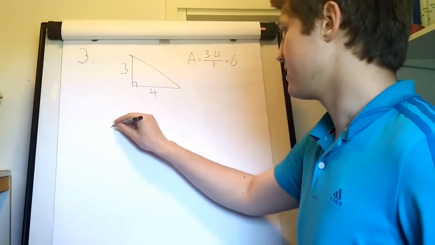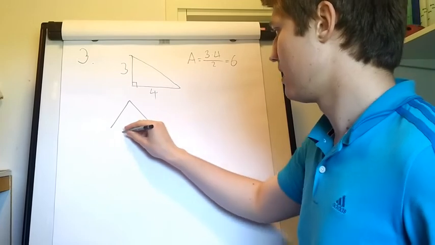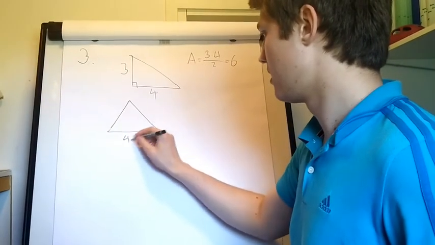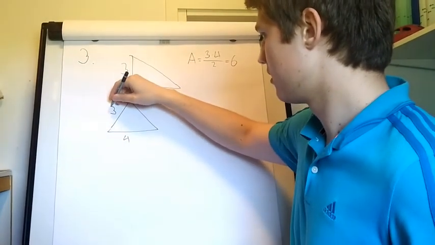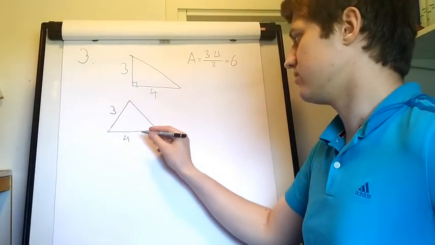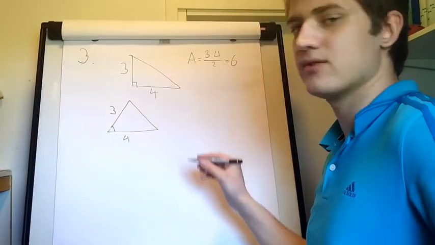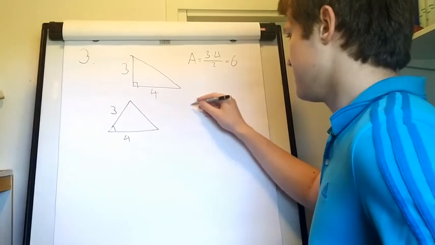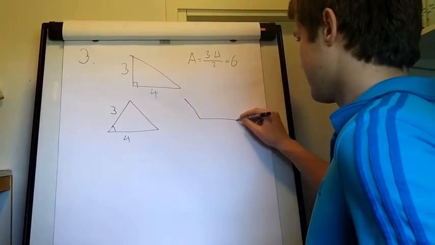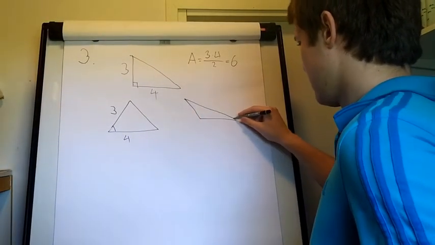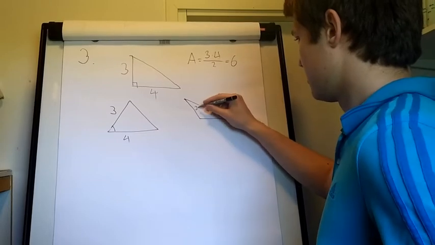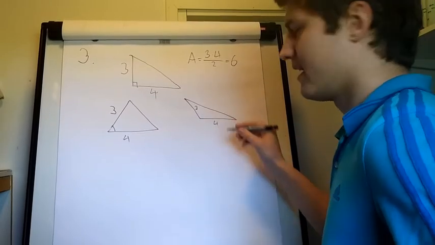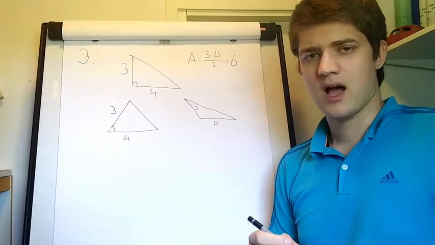So let's consider 2 cases: where the angle between those 2 given sides is acute, and this other case where it is obtuse.